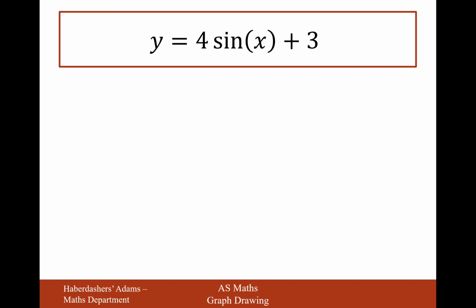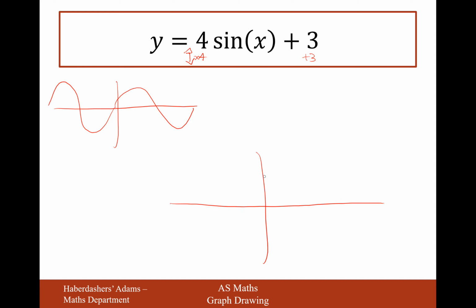This graph here is going to stretch it up and down by a scale factor of 4, and then move it up by 3. So the original sine graph looks like that and like that. And the answer to this question is, well, it was stretched up by a scale factor of 4 first. Let's put 4 and a minus 4 here. And then when I move it up by 3, it's going to be a little bit underneath, but mostly on top.